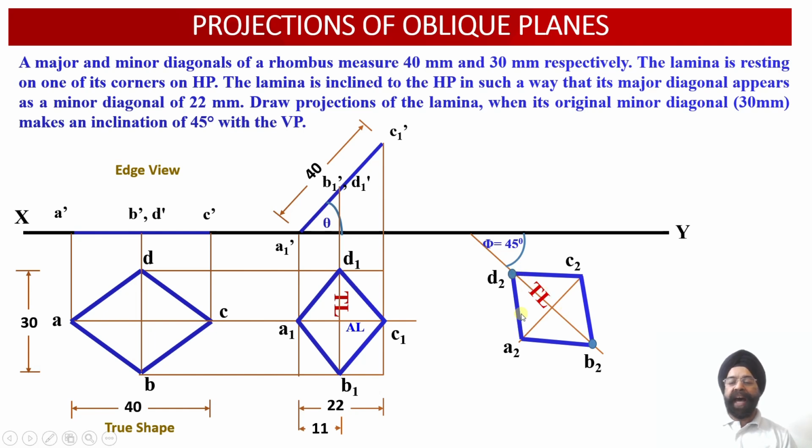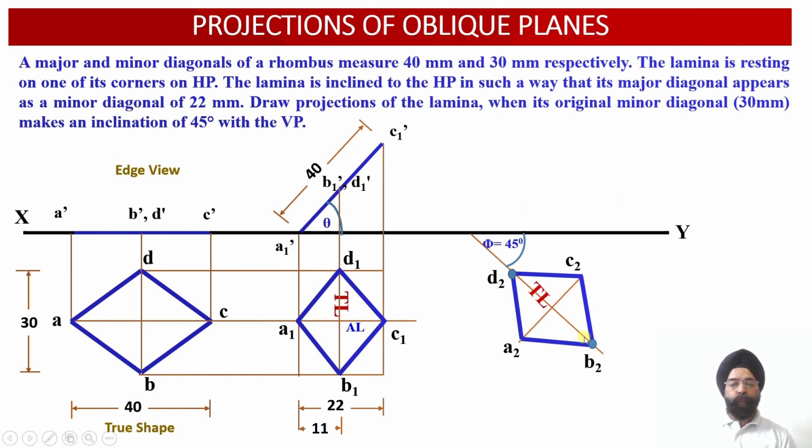So these are plan projections corresponding to the oblique lamina, which is inclined with respect to HP and inclined with respect to VP. Now in the final stage we are required to evaluate the corresponding front view projections A2 dash, B2 dash, C2 dash and D2 dash. So how can that be done?